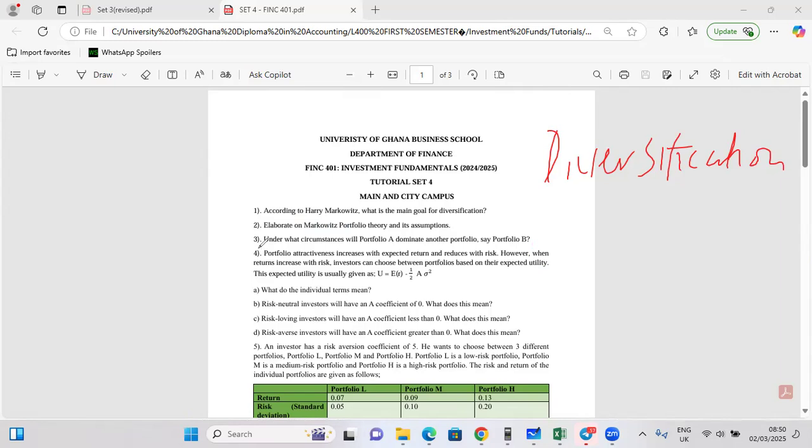The higher the correlation, the higher the risk. So when the correlation is low, the risk is also low. We will use some mathematical expressions to prove this very soon in the last question, where we will see that when the correlation is high, the risk is high. And when the correlation is low, the risk is low.